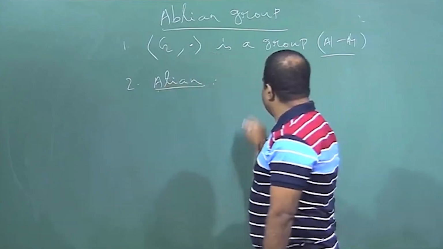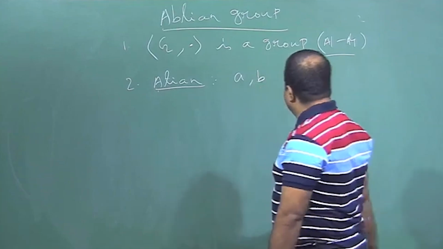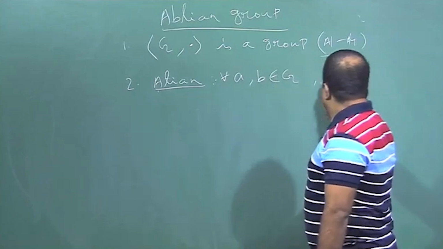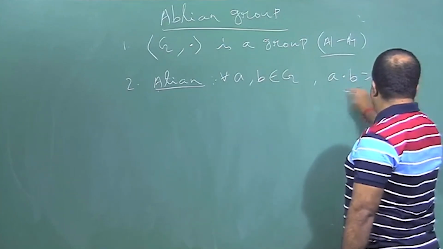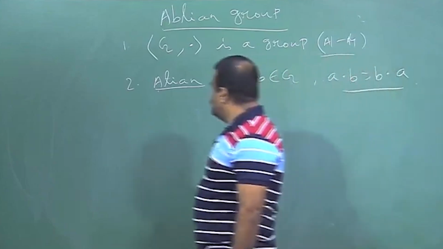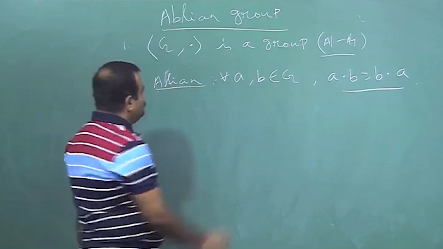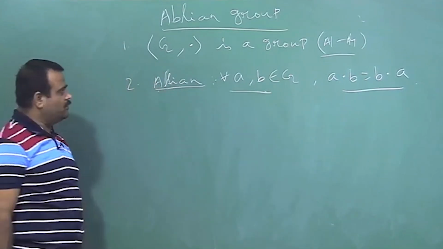This property says that if you take any 2 elements a, b belonging to G, a dot b is b dot a. If this is true for all a, b, then it is called an abelian group or commutative group.